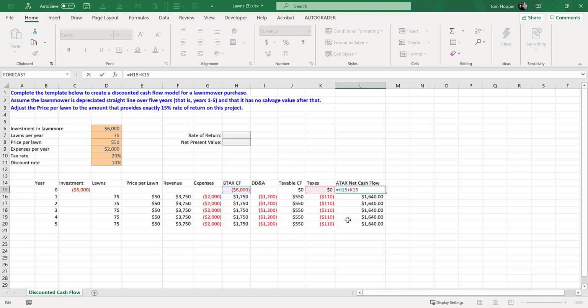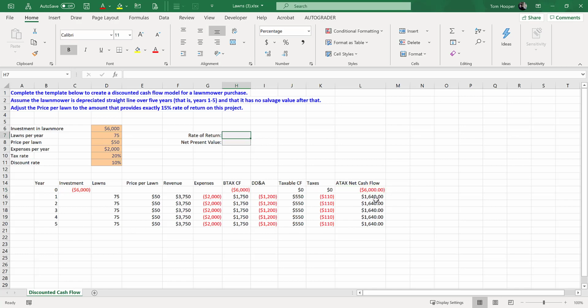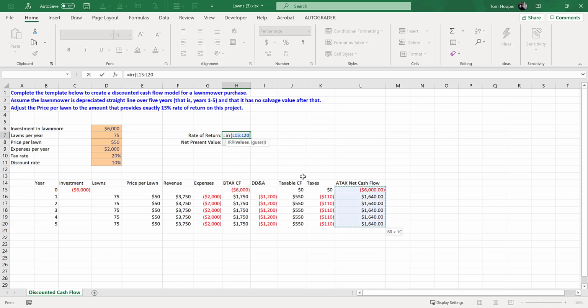And then of course we need to sum up the cash flow because we did have to write that check for $6,000. That completes our cash flow table, if you will, down here. And so the next thing we need to do is calculate a rate of return and an NPV. And I was very excited that practically everybody got this formula right.